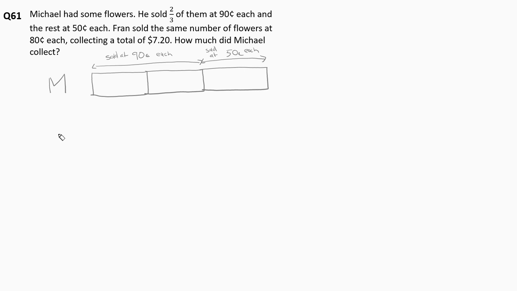Well, let's see. So imagine we had a bar for Fran, and this is Fran's bar. Actually, what I should do is make Fran's the same size as Michael's. So we have Fran's bar, and we know that she collected $7.20 altogether.